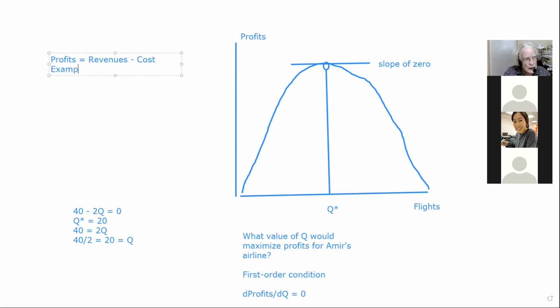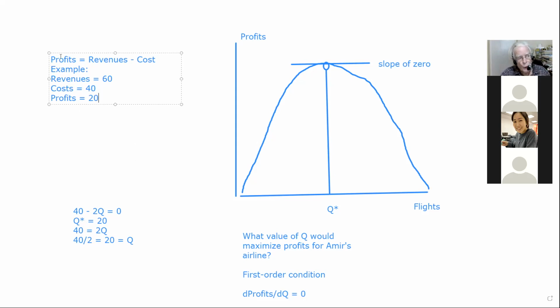So, for example, if revenues are 60 million and costs are 40 million, then profits are the difference. That is, revenue minus cost gives us 20.